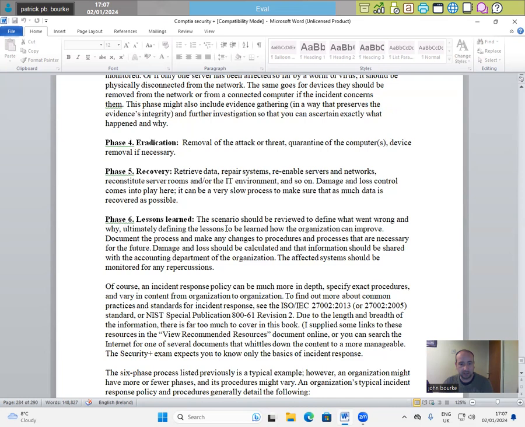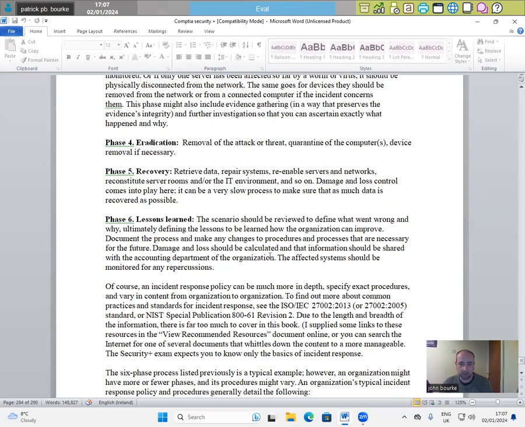Phase 6, lessons learned. The scenario should be reviewed to define what went wrong and why, ultimately defining the lessons to be learned, how the organization can improve, document the process, and make any changes in procedures and processes that are necessary for the future.